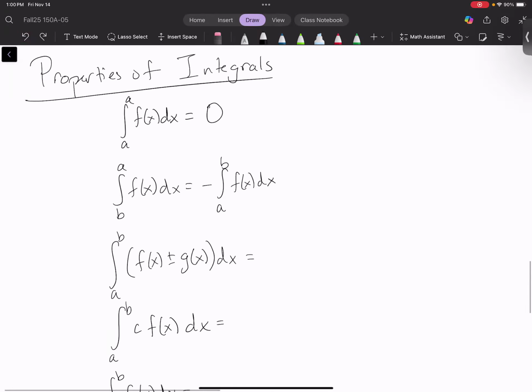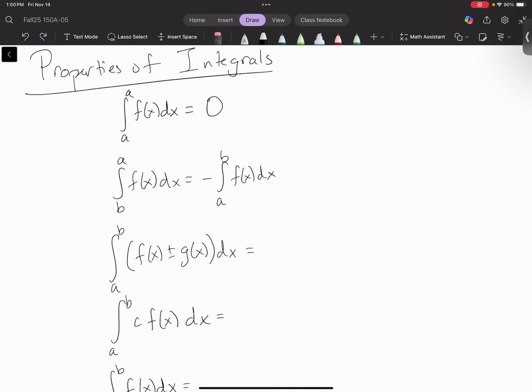Now this is an interesting one. Notice for the second one, we've switched our bounds. This is another counterintuitive thing. Area under the x-axis is negative, but when we switch our bounds, you could think of it as switching the direction we're going. If I have an integral a to b, the lower bound is a, the upper bound is b, you could think of going left to right normally.